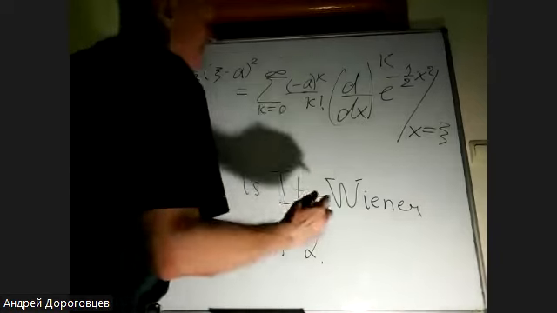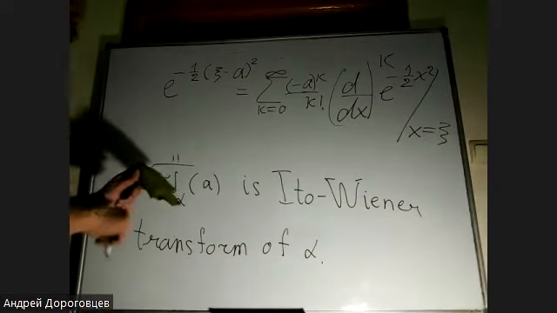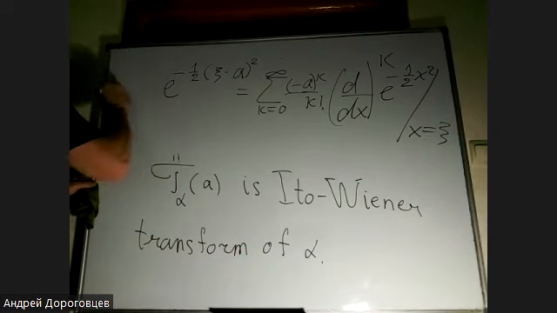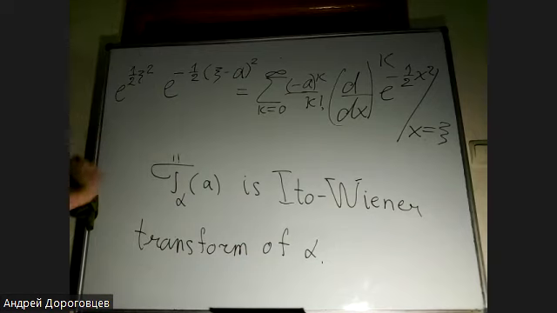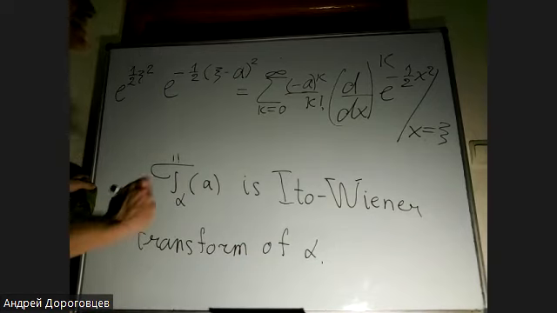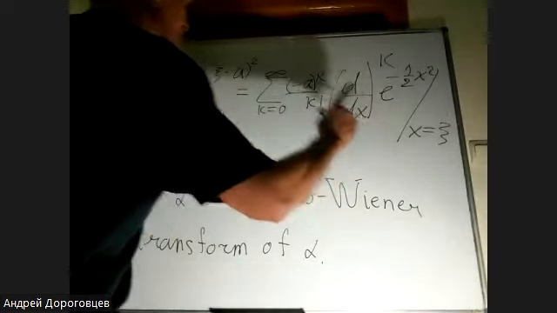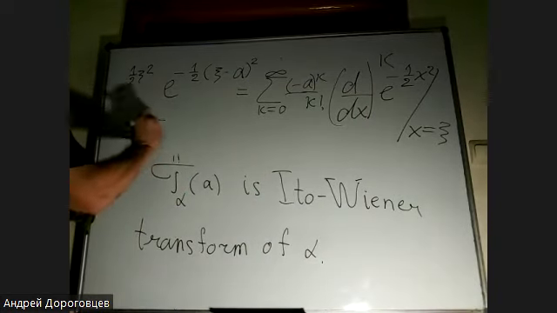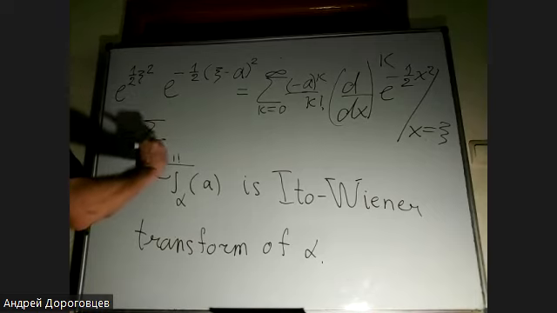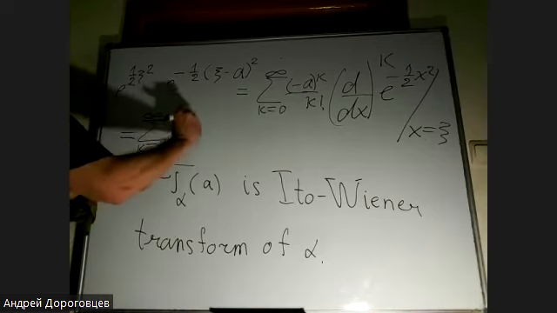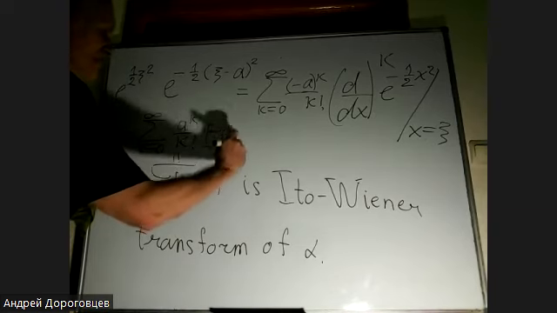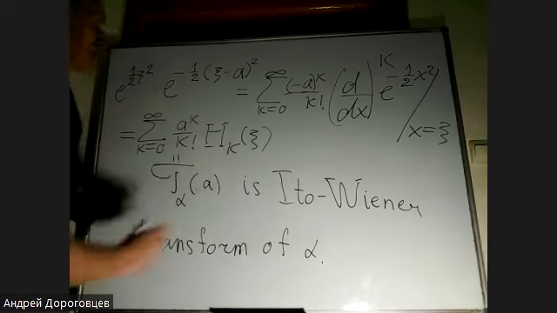Now, how do we get the Hermite polynomial? Let us multiply this by e to the 1/2 psi squared. Then what will we get? We will get exactly the formula: the sum from k equals 0 to infinity of ak k factorial hk of psi, just by the definition of hk.